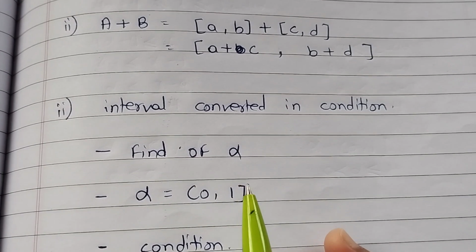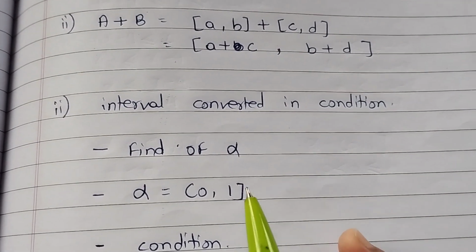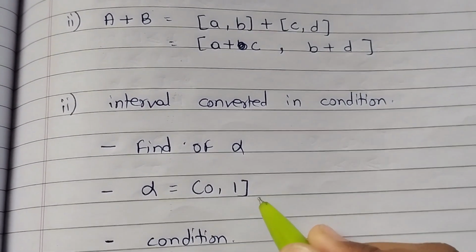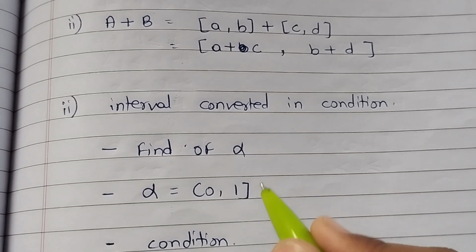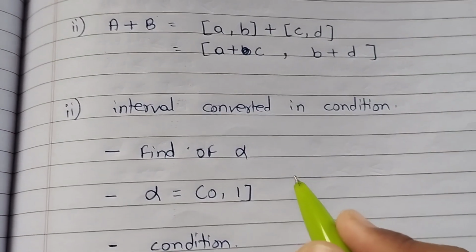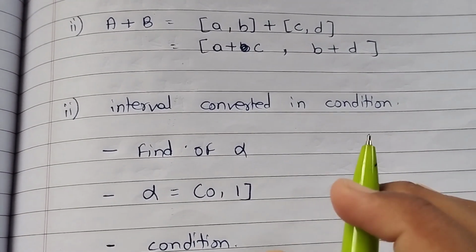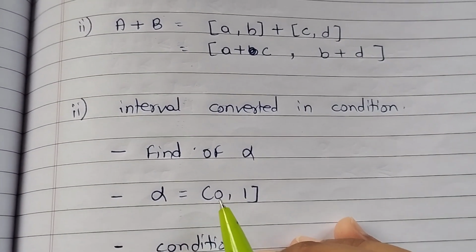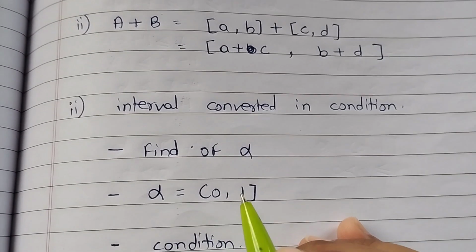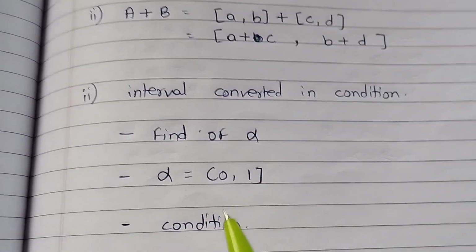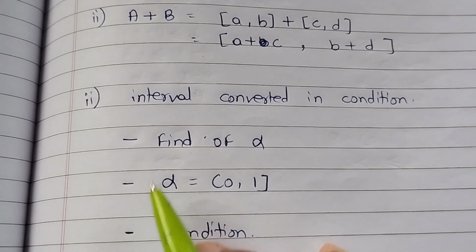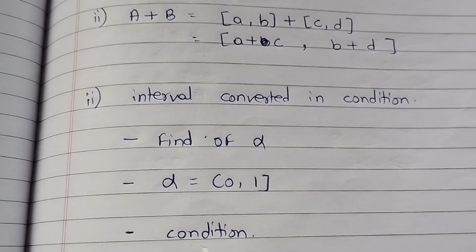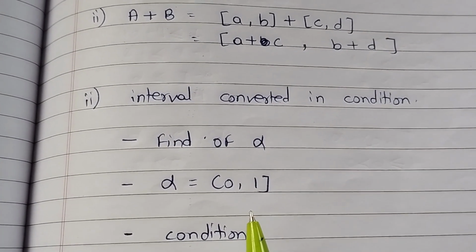But when we consider the square bracket, then greater than or equal to, equal to also. So here 0 is the least, so the condition is greater than 0 and less than or equal to 1, and from that we find the condition and limitation.